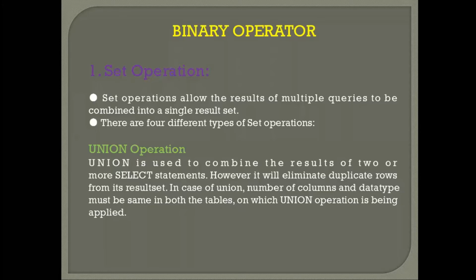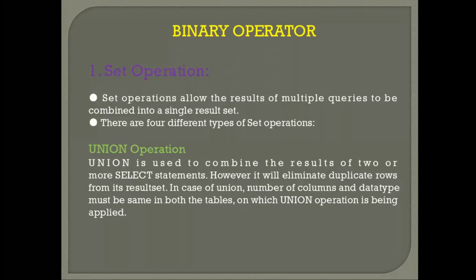So starting with the first operation under your set operation, that is the union operation. Basically, what does a union operation do? It combines the results of two or more tables, but it eliminates the duplicate rows.